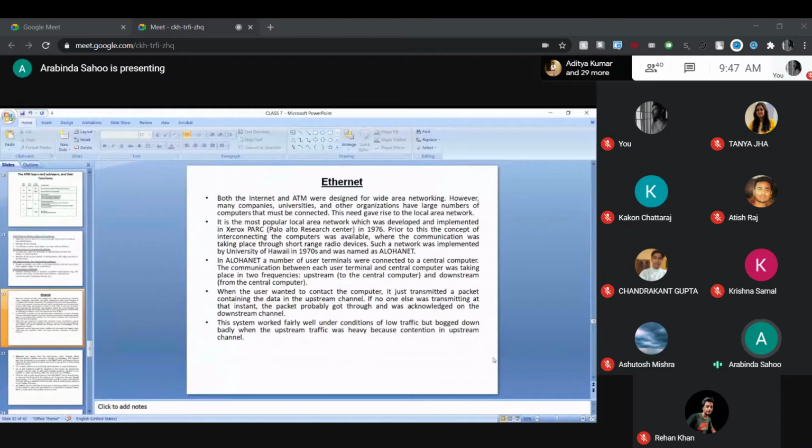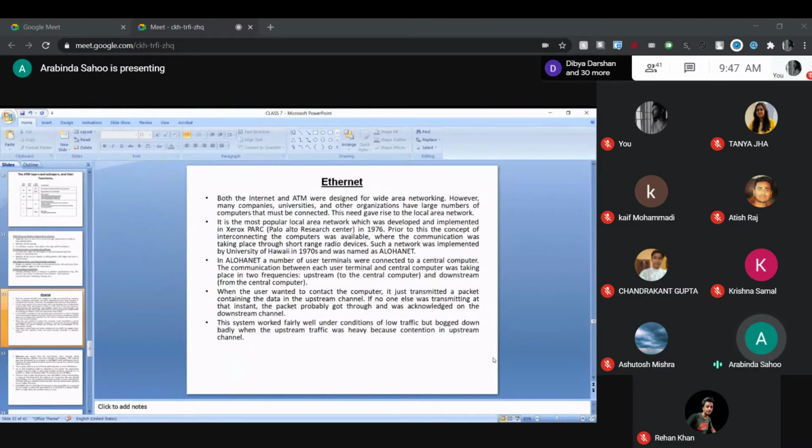If you compare Aloha net with Ethernet, both are a type of local area network. But in Ethernet, all the peripherals are connected through the ether, which is a physical medium, whereas in Aloha net, all the peripherals are connected through short range radio waves.